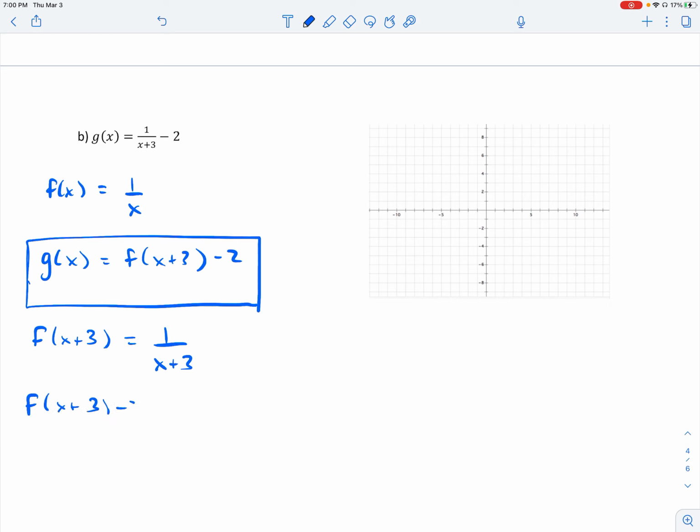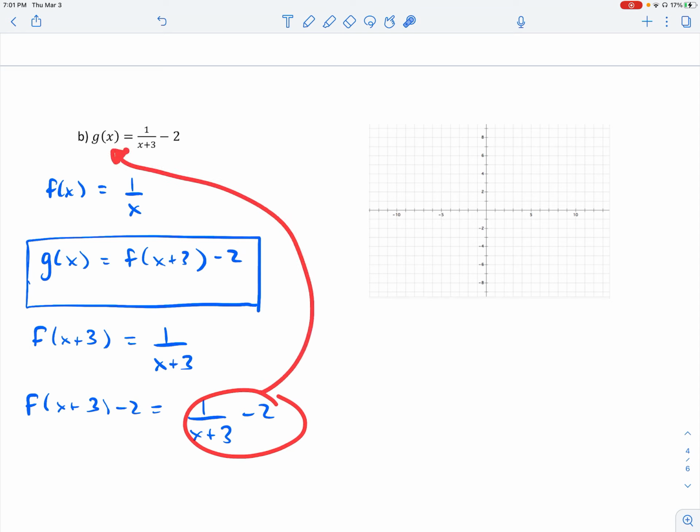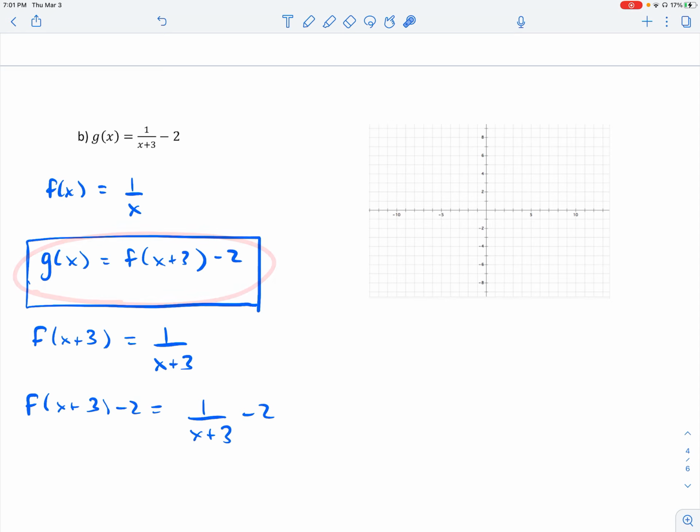So f of x plus 3 minus 2 would be equal to 1 over x plus 3 minus 2. And we can see that this is actually just g of x. So that means g of x is equal to f of x plus 3 minus 2, which is exactly what we said here. So we know that this is okay. This set of instructions can easily take 1 over x and turn it into this.